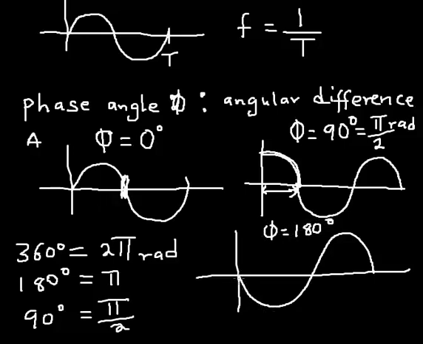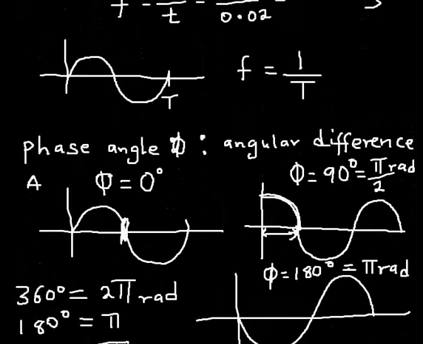It started from the beginning of the negative cycle, which actually starts after 180 degrees is gone. So this wave is 180 degrees, and of course in radians that's pi radians. We will discuss more on the phase angle of the wave subsequently.